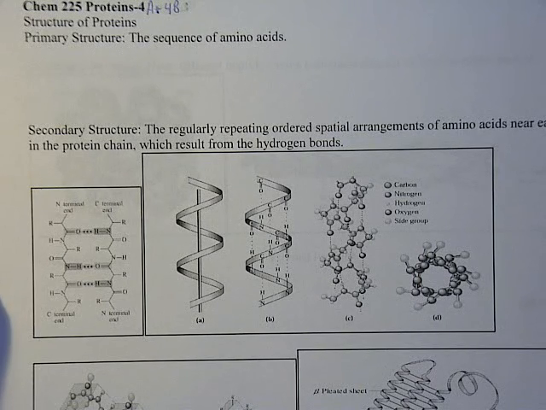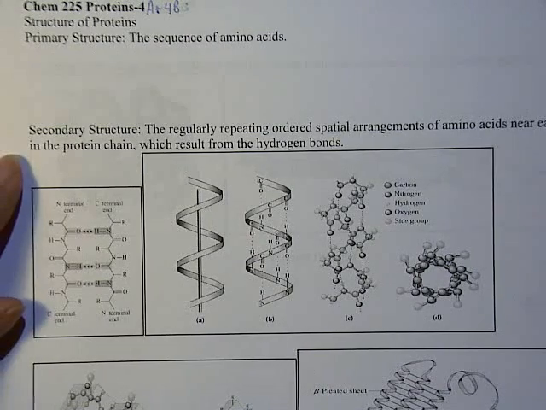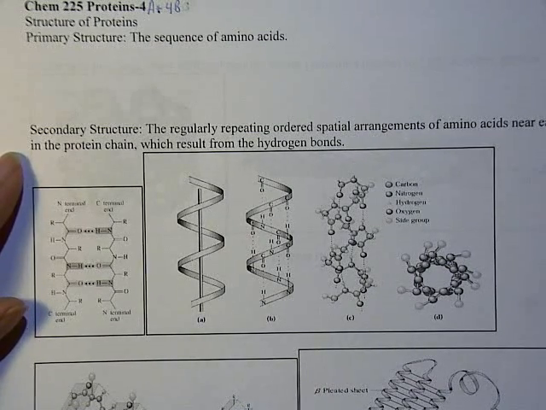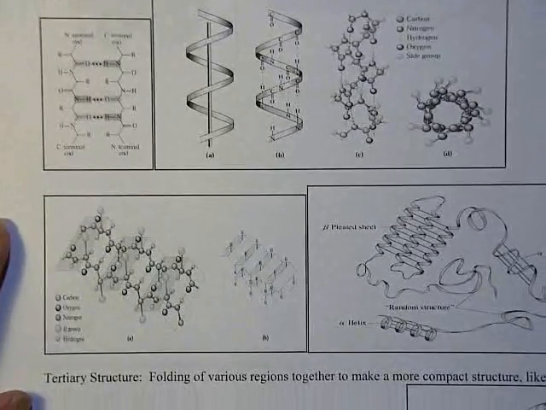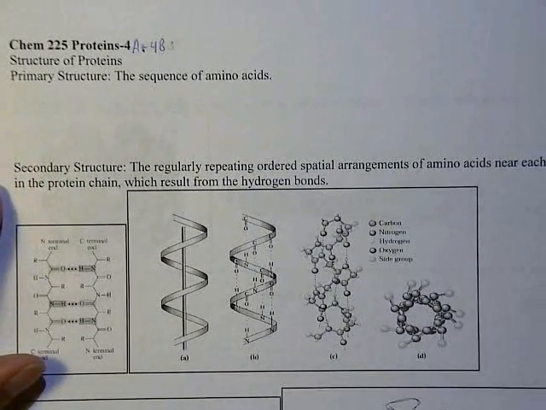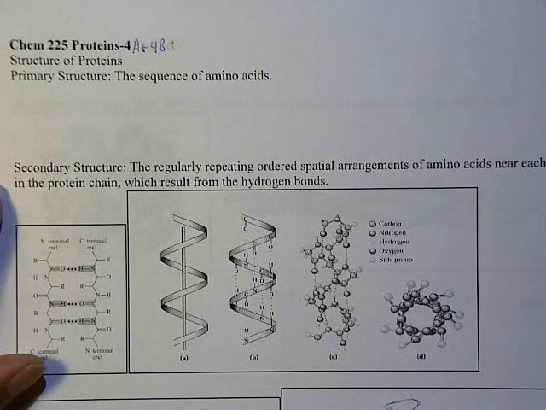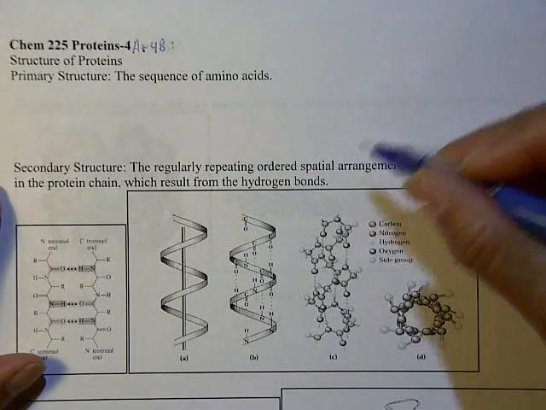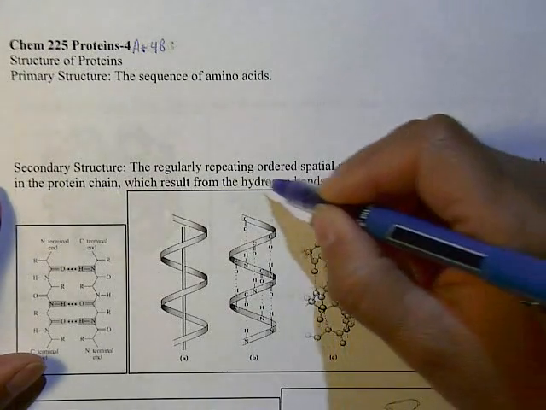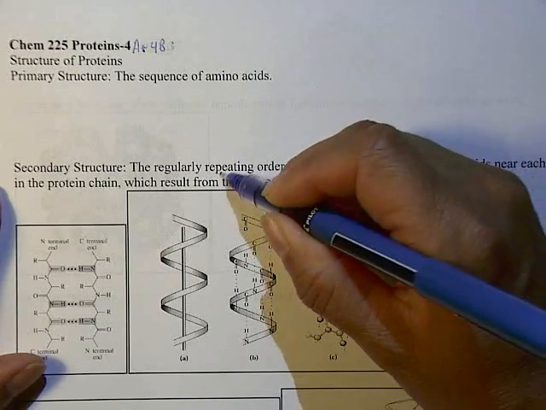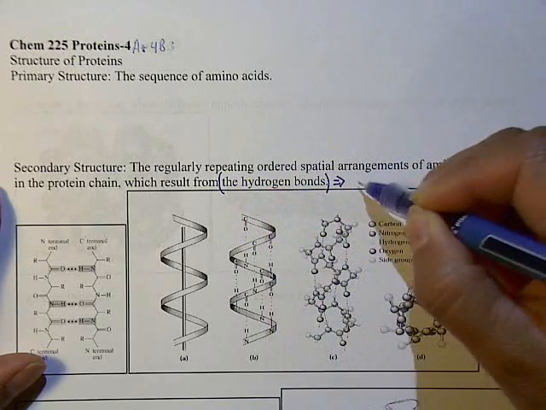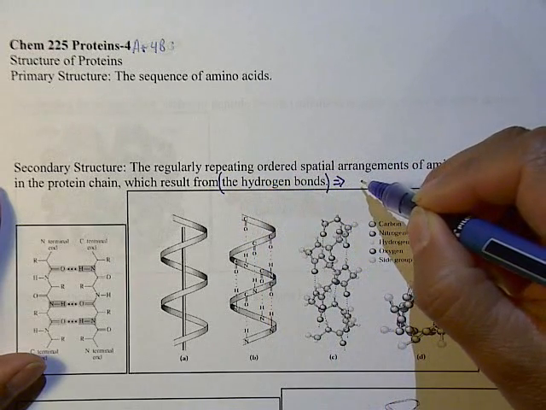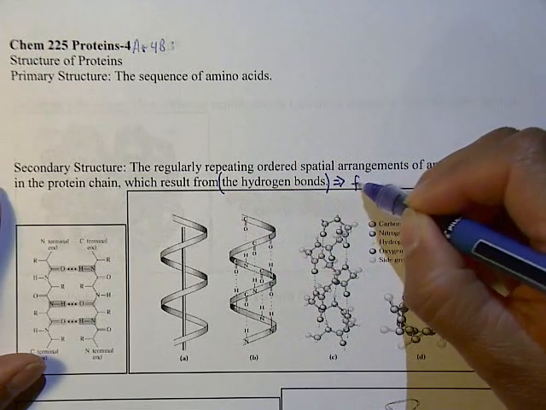These result from the hydrogen bonds, and I want to differentiate the result of a secondary structure versus the tertiary structure. The secondary structure comes because of the amide backbone. So the hydrogen bond that we're talking about here is the result of the amide backbone.